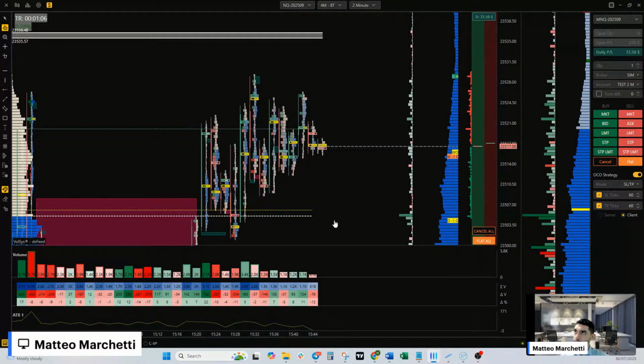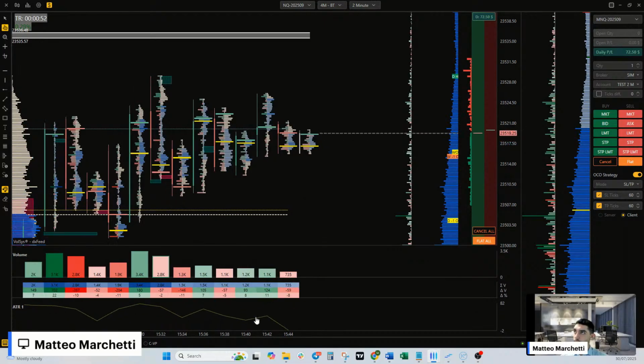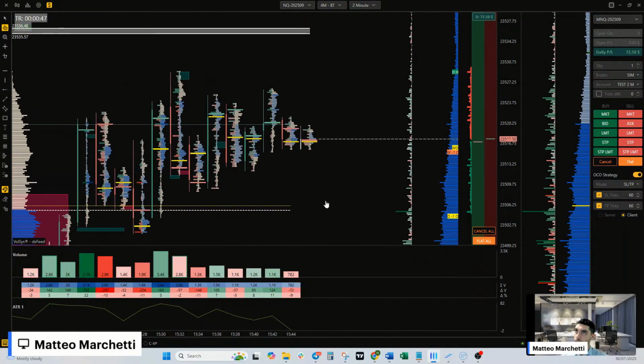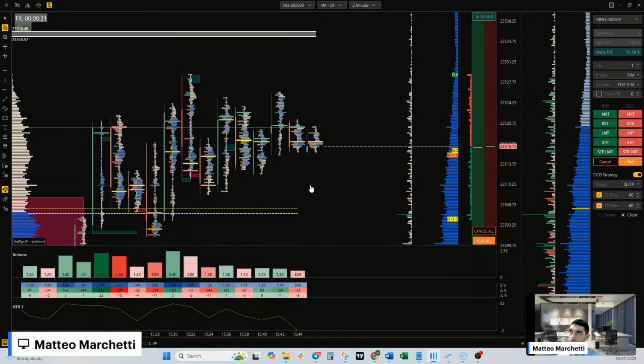I'm using this also on the S&P 500, but on Nasdaq it's much quicker to implement because of the volatility. The volatility is higher on Nasdaq, and it's easier to collect some profit with this kind of strategy.